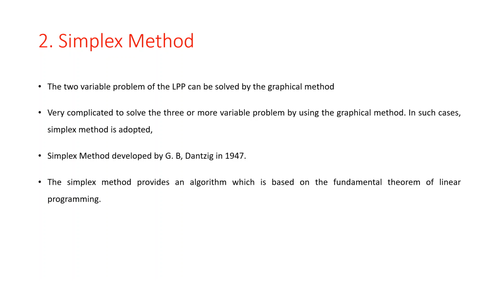In the graphical method we solve two variable problems: we plot the decision variables in graphical form, find the feasible solution, find the corner points, and get the optimal solution from these corner points. But for the simplex method we require the fundamental theorem of linear programming.